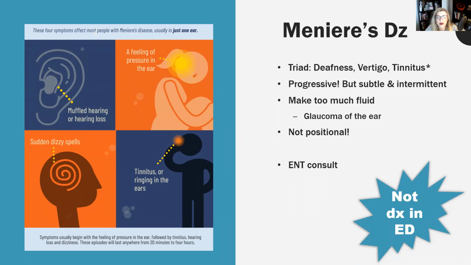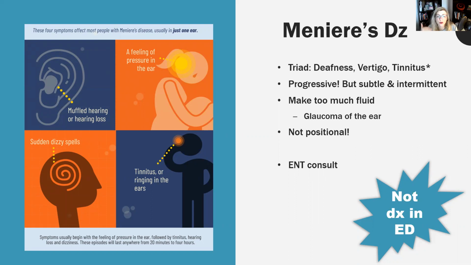Think of it as glaucoma of the ear because there's too much endolymph fluid and it's expanding and causing those otoliths to go wonky on that side. Unfortunately, Menieres disease is progressive, and as of right now, we don't have any cures for it, which means that eventually they're going to lose hearing in that side of their ear.